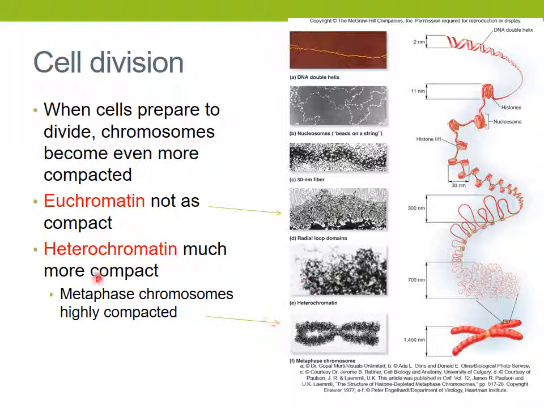So eventually, as you get to the chromosome shape, like a metaphase chromosome, highly compacted, that would be heterochromatin. Euchromatin is the looped state before it forms into the chromosome. So you can see the progression: you have your double helix, then a nucleosome, then this 30 nanometer fiber, and then you start forming loops. It's still a little euchromatin, but once you get really compacted and put into a chromosome, then you have what we call heterochromatin.